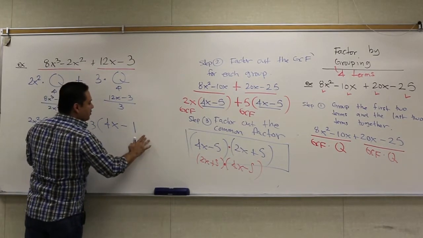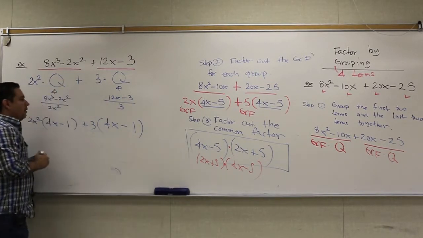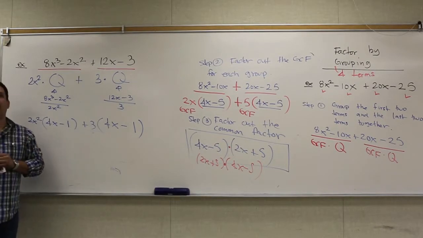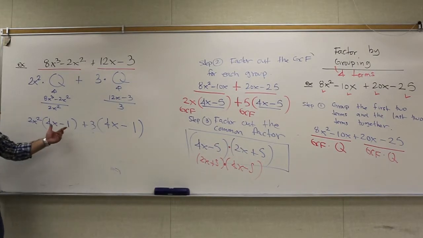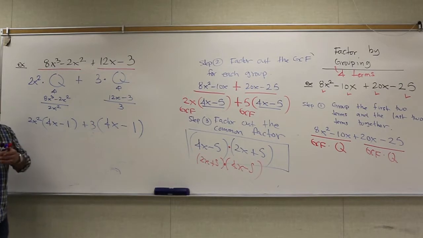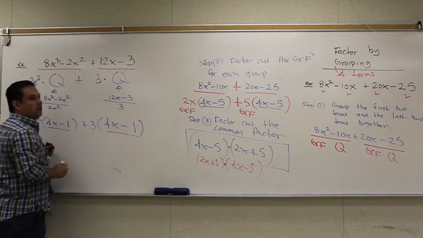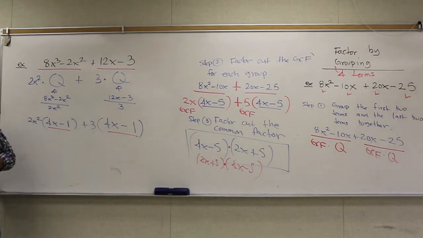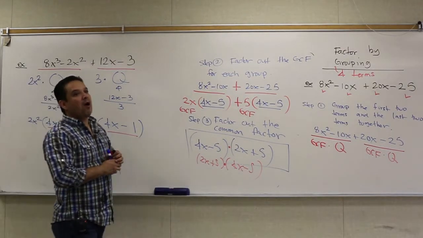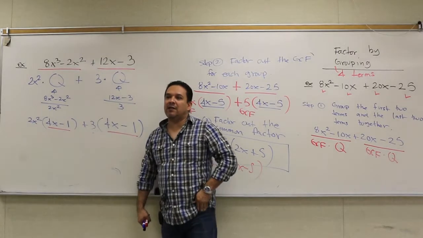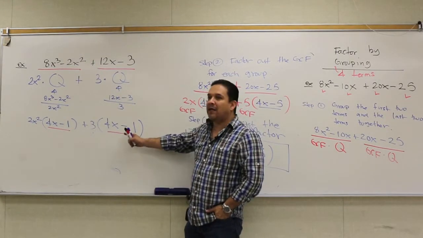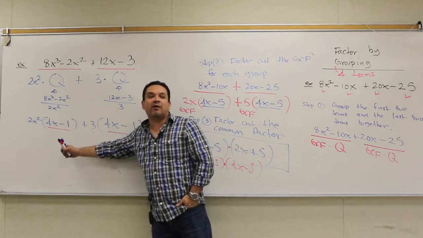Ladies and gentlemen, here's what I want to say to you. If you do this process correctly, what should you see here at the very end? You should see this as the same thing. And you say to me, why are you going to see the same thing? Does anybody know why you're supposed to see the same term here? 4x minus 1 and 4x minus 1.